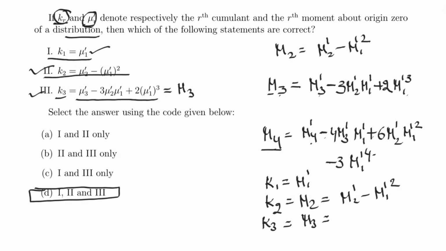The third central moment is mu3 dash minus 3 mu2 dash mu1 dash plus 2 mu1 dash to the power 3. And K4, we do not need K4 here in this question. So statements 1, 2, 3 are all correct. Option D will be correct.